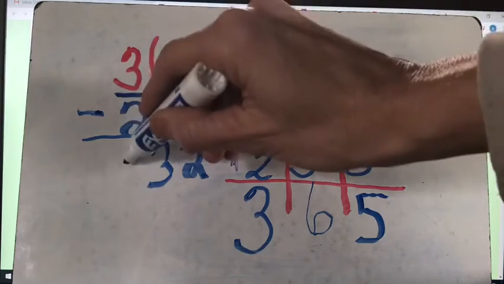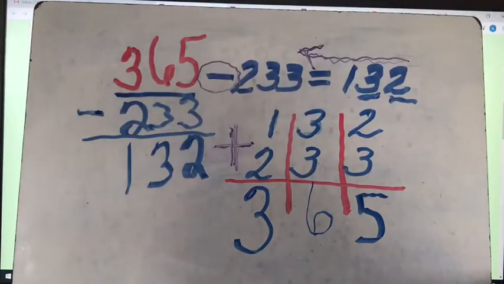And 3 minus 2 is 1. There's my 1. So the answer is 365 minus 233 will equal 132.